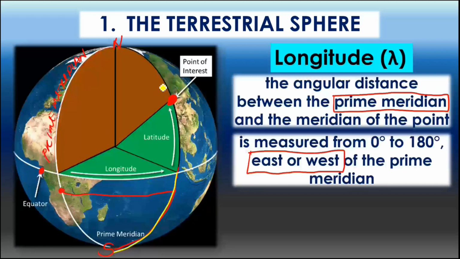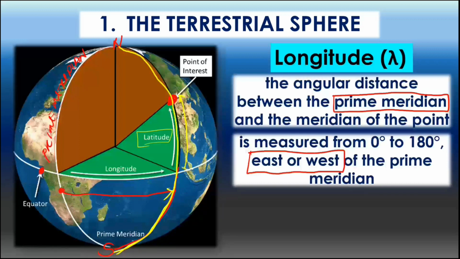If this is another meridian from the north, passing through the said point, going to the south, the longitude will be measured from the prime meridian towards the said meridian. And as what you can see, the direction is actually going to the east.